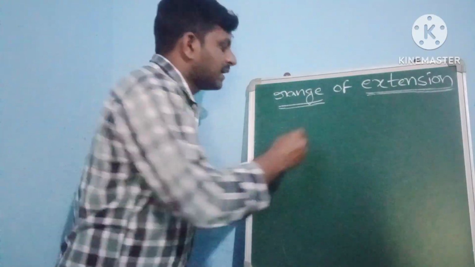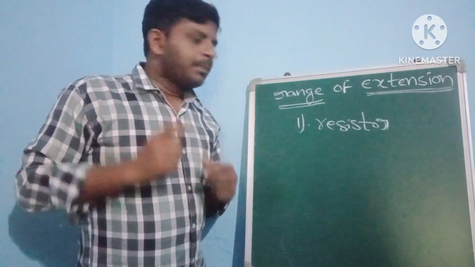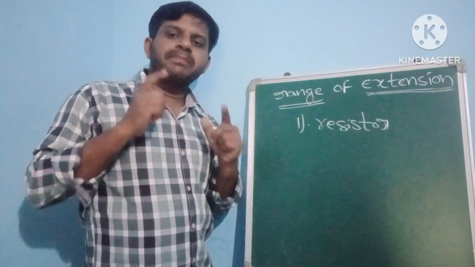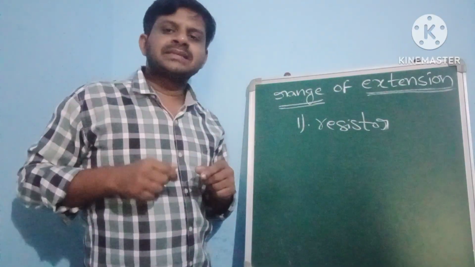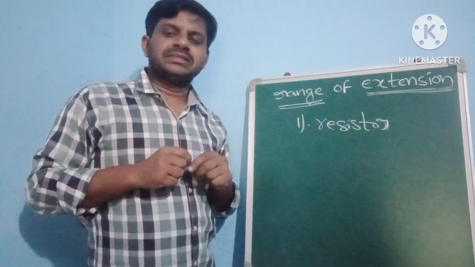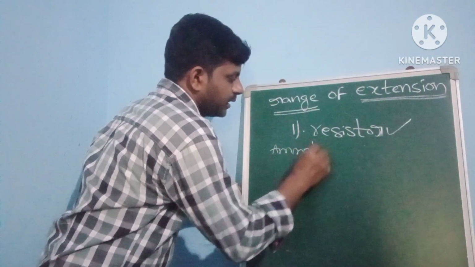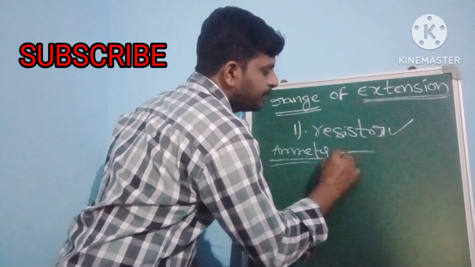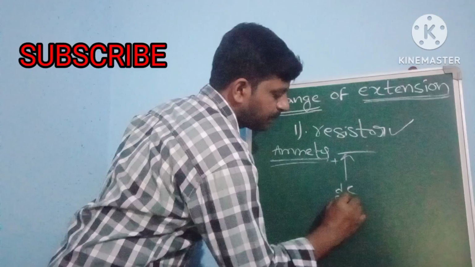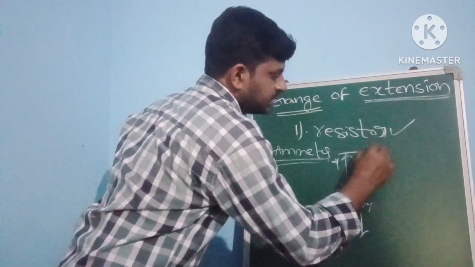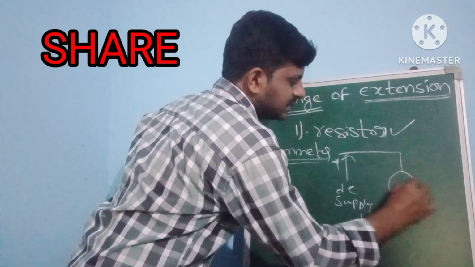One is the resistance. By connecting resistance in series as well as in parallel to the voltmeters and ammeters, we can use the high range. For the ammeter, from a construction point of view, for example, the input we are giving is a DC supply, plus and minus. Here the ammeter is like this.